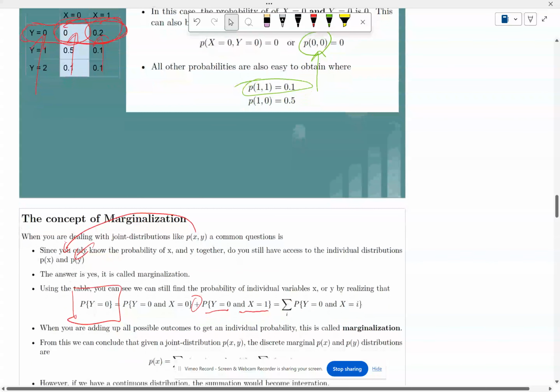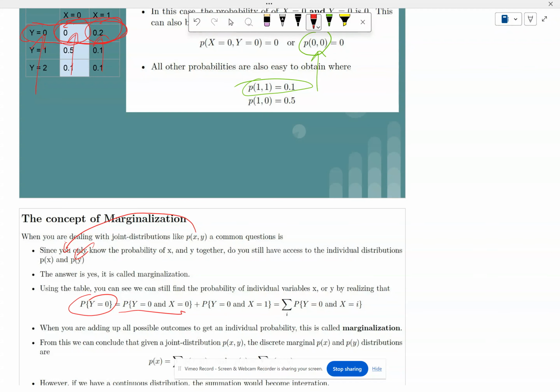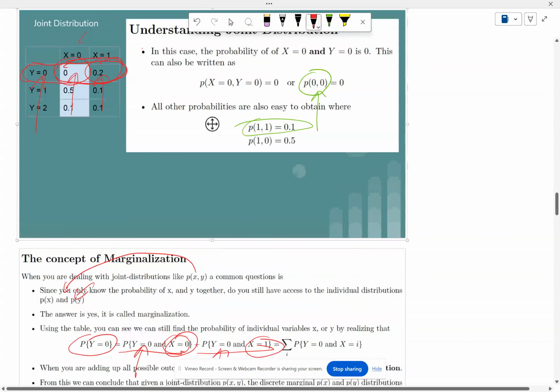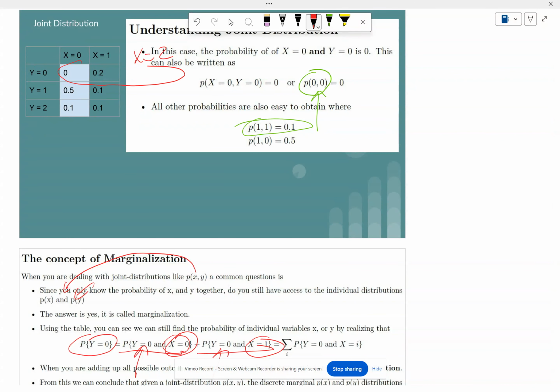So the probability of y equals 0 is just a summation of all possible x's. You keep y equals 0 here, but you loop through all possible x's. If x has 2 values, you will loop through and add all of them.